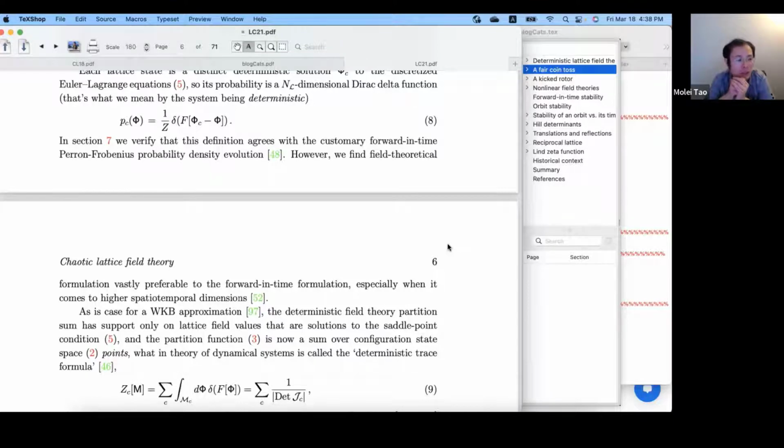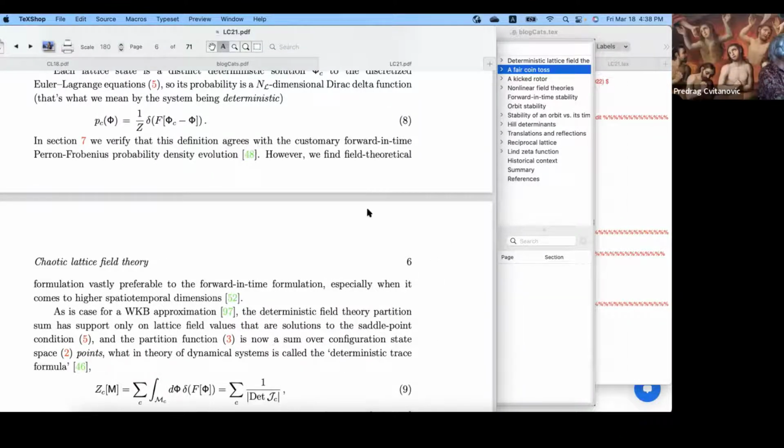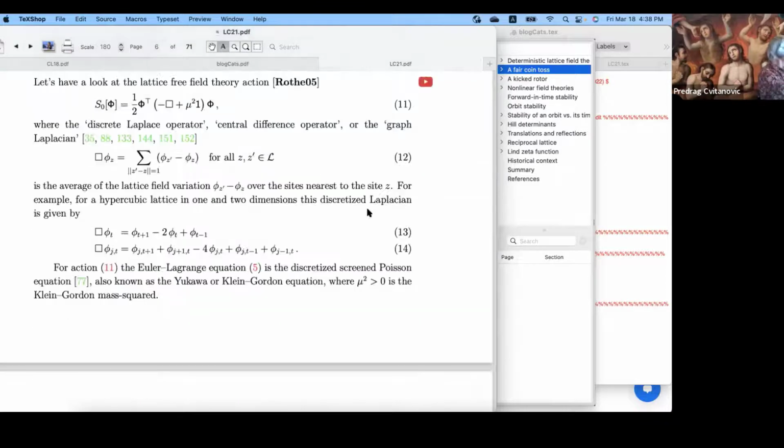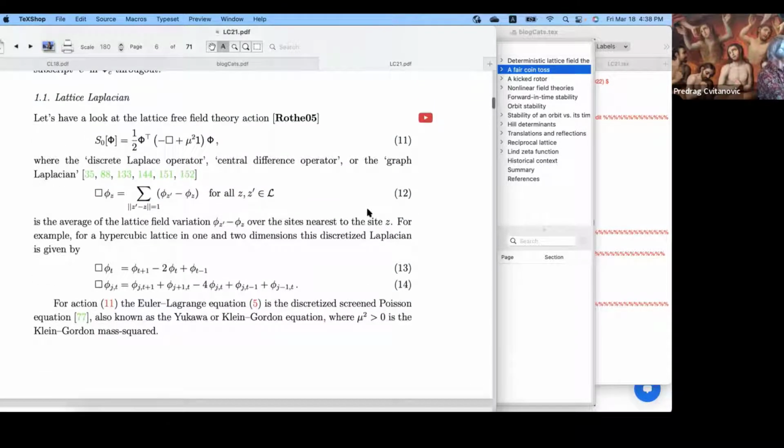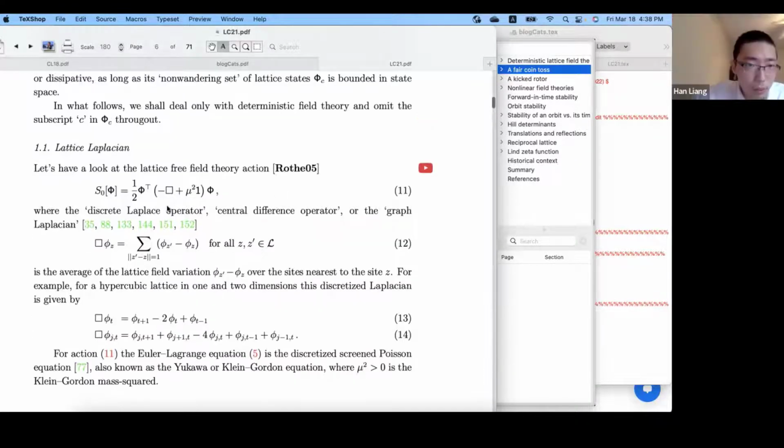You have a function. A few pages down, we actually have this equation. There is a lattice Laplace operator, and if you get through 13 and 14, which Moulay knows, and then we show him what the equation looks like when you have a nonlinear term, it'll be much easier to understand. So this box is a Laplacian, and mu square is a constant.